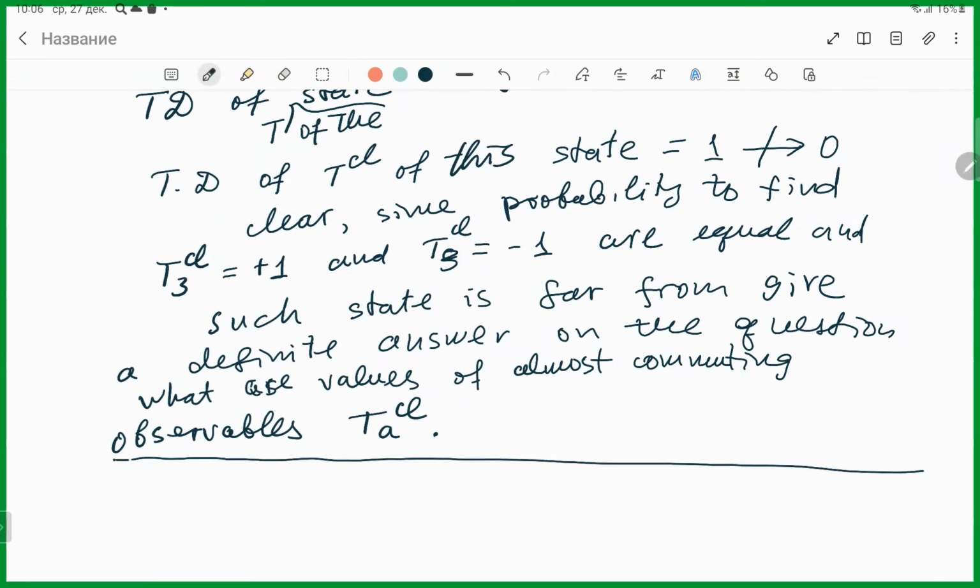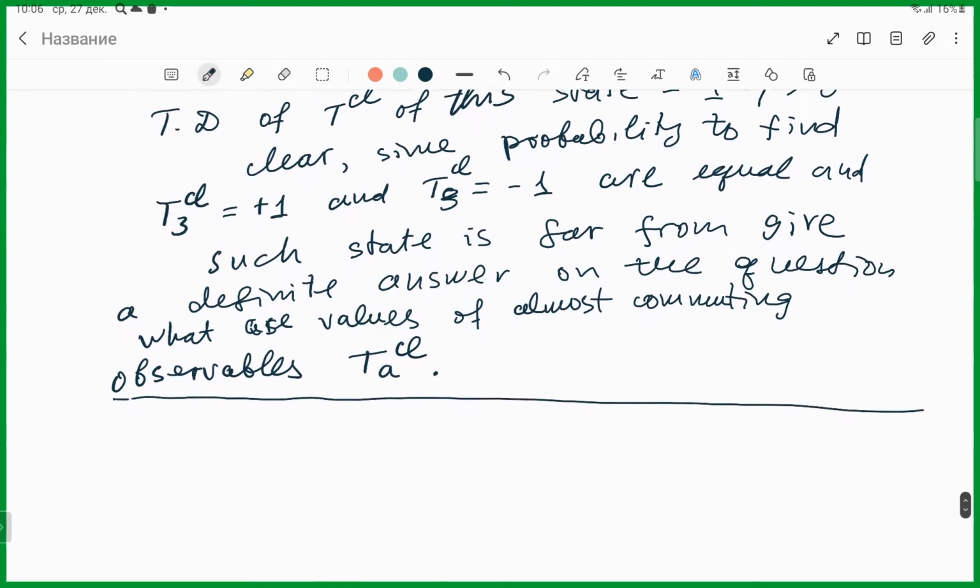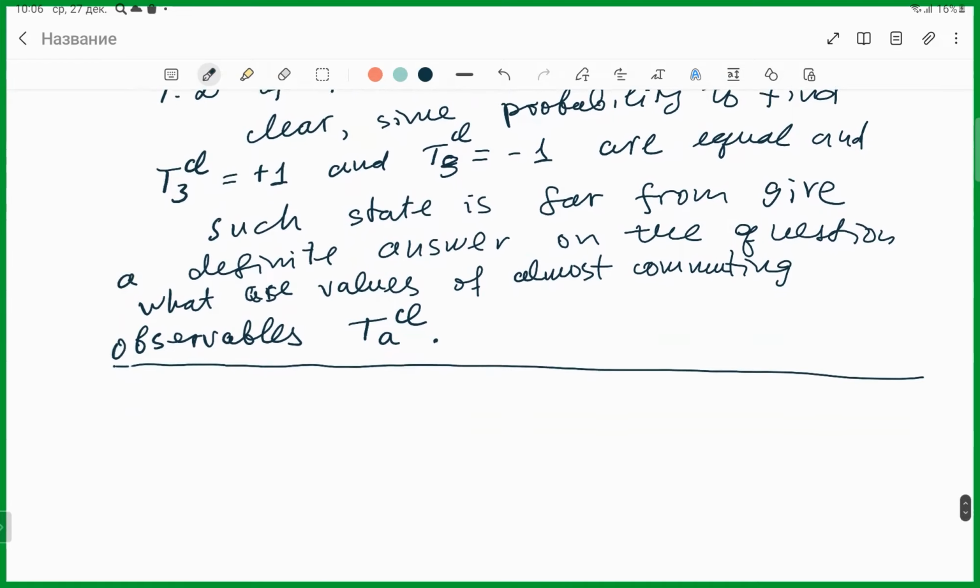I still have to prove that the Veronese states have minimal dispersion. How can I do it? Suppose I have a minimal dispersion state.